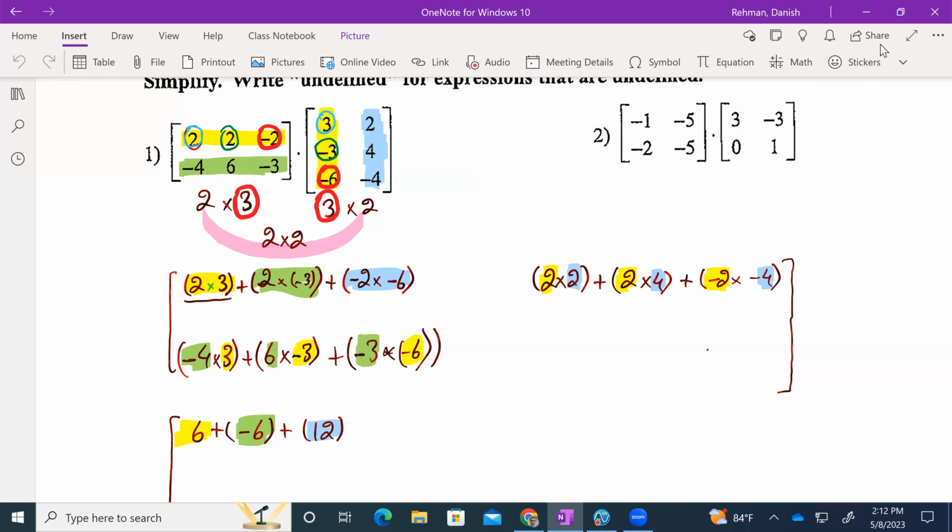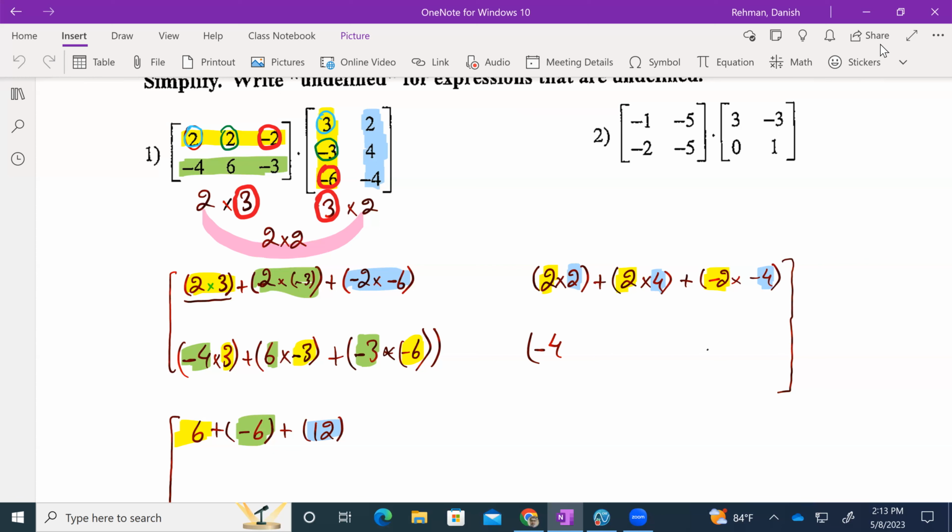I will complete it now with the element and then I will stop the recording so that you can think about that yourself. Let's look at that. -3 times -6. And then I will keep putting the results over here.